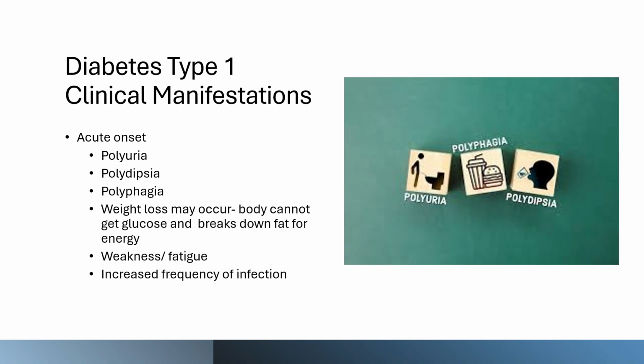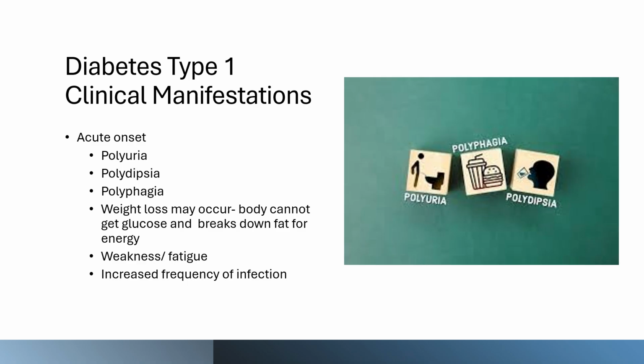Weight loss may occur. So with type 1 diabetes, which is a complete comparison to type 2 diabetes, these individuals are usually thinner. They're not usually overweight. So the body cannot get the glucose and breaks down fat for energy, and this is part of the reason that they end up being a little thinner.